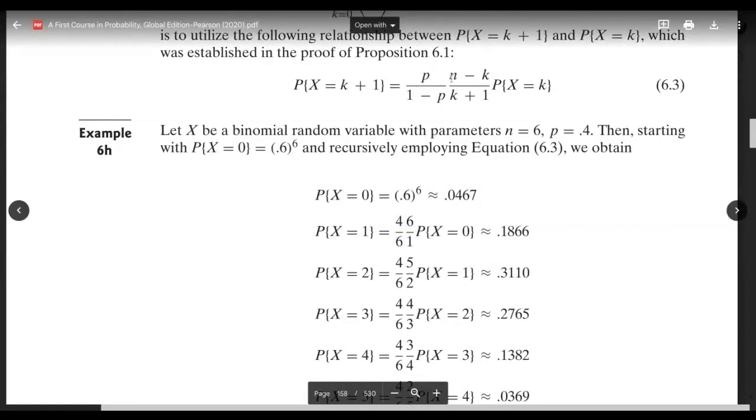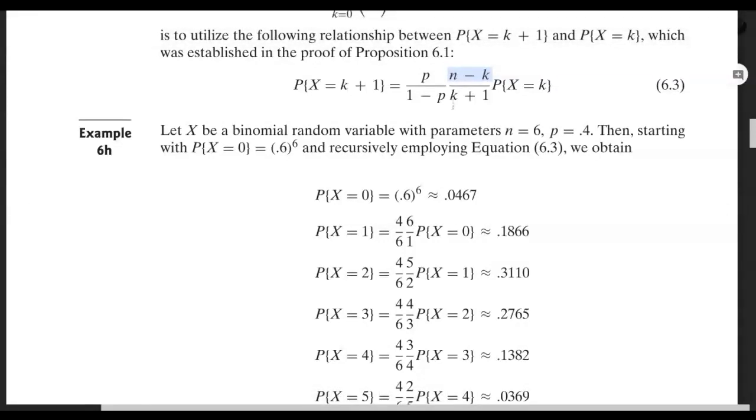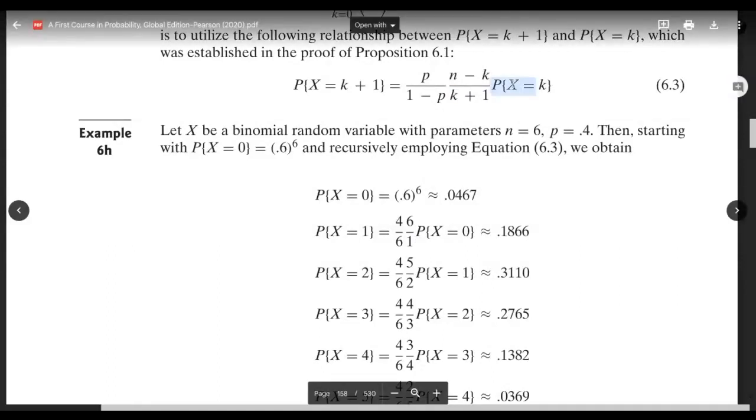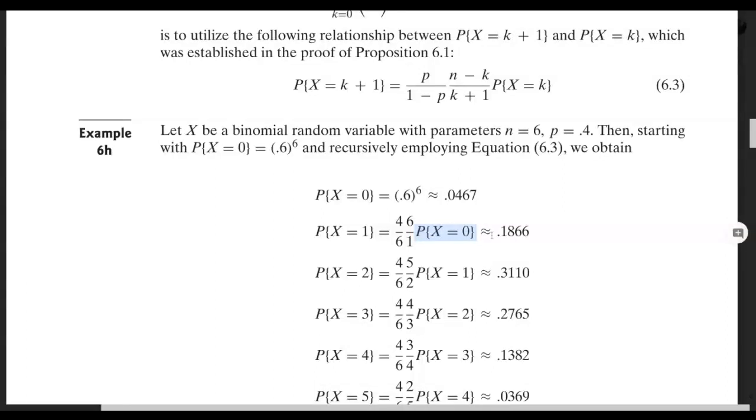Then n minus k: k starts from 0, so 6 minus 0 is 6, over 0 plus 1, just 1. Then the probability of X equals 0, which we just calculated.